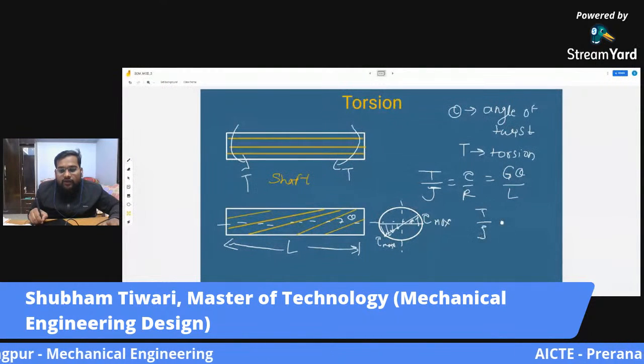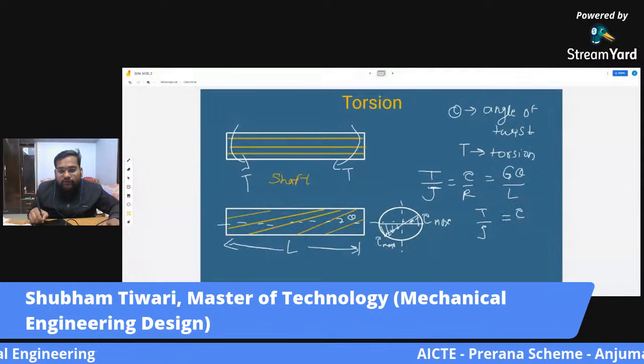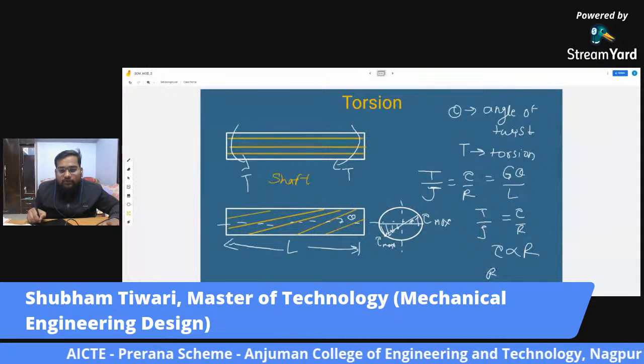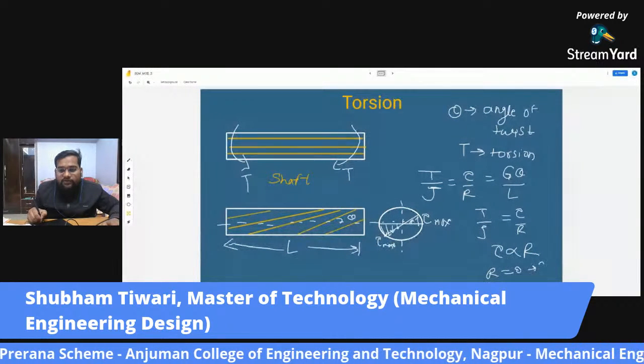T by J equals tau by R. If these two terms are constant, then tau is directly proportional to R. At R equals 0, shear stress is also 0.